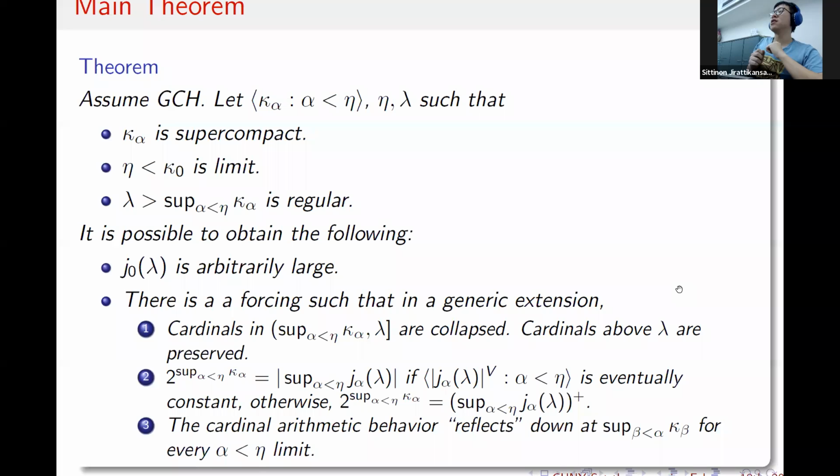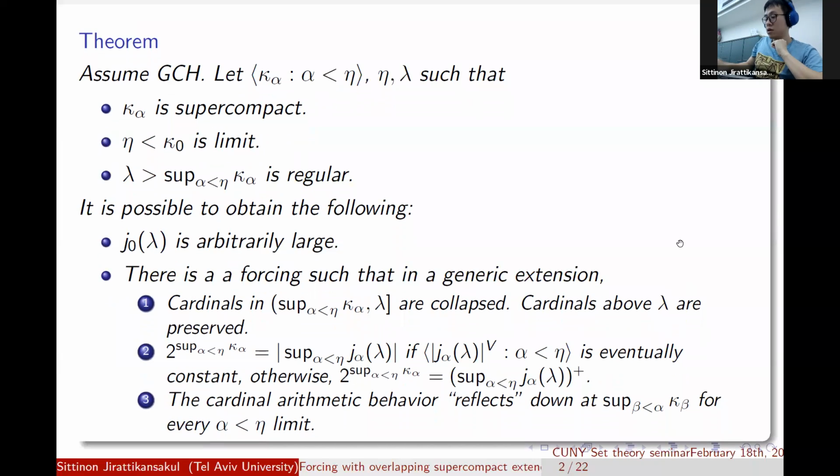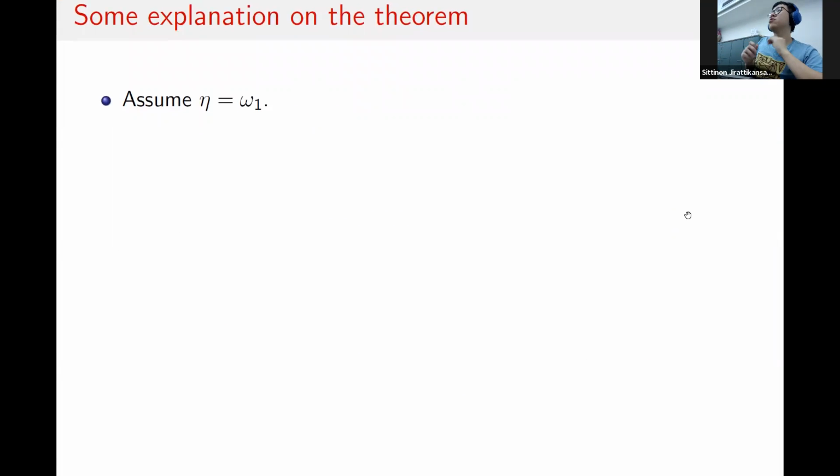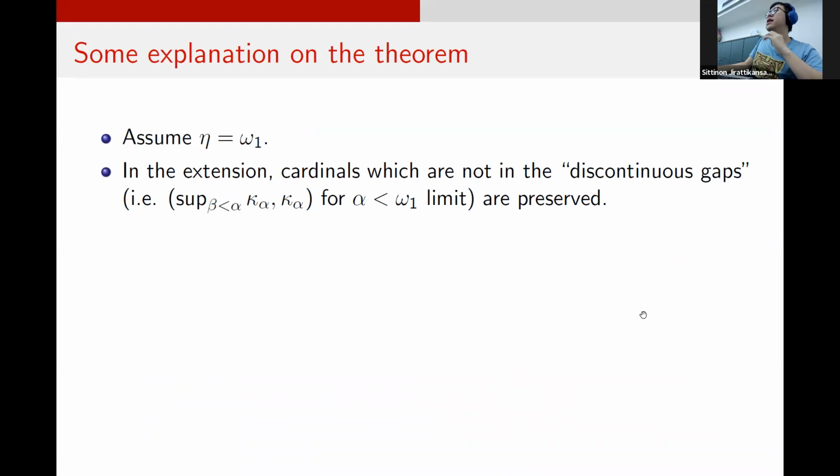So it looks peculiar and a bit weird, but let me draw a picture in the next slide. Assume that eta is omega 1. Then in the extension, the cardinals which are not in the discontinuous gaps will be preserved.